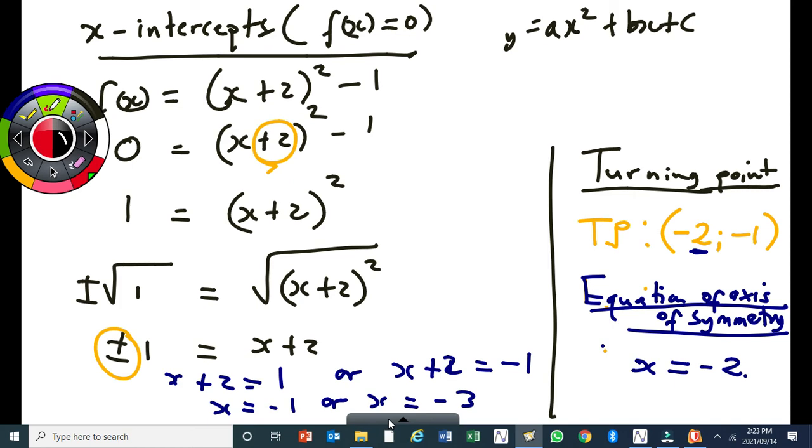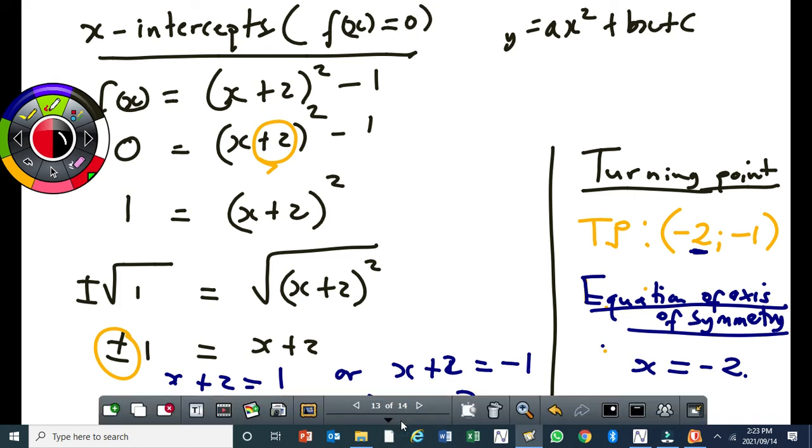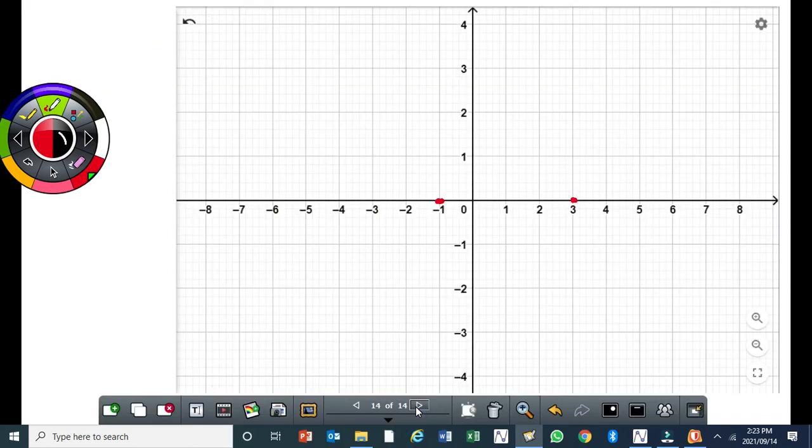X equal to -1 and -2. Okay, I made a mistake with the turning point. So -3 is here. So that's -1. Right? My turning point is at -2 and -1, which will be here. Right? And then my y-intercept is at this point. Y is equal to 3.